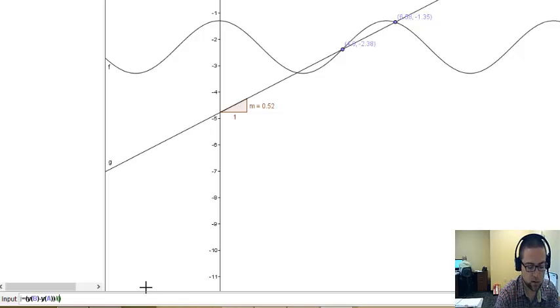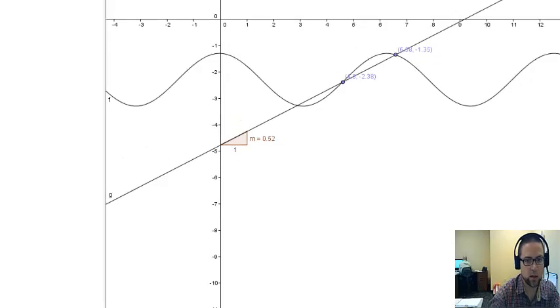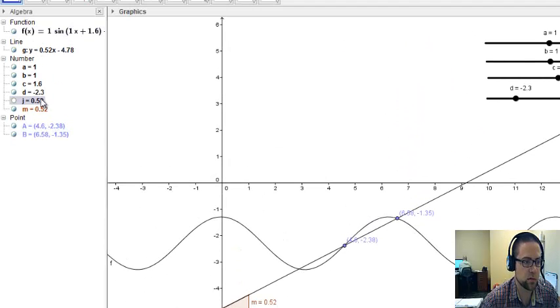Divided by, I put this in parentheses, x of B minus x of A. So that would be the change in the y values over the change in x values for those two different points. And it gives me the value of j, which is also 0.52. So you can see that right there.